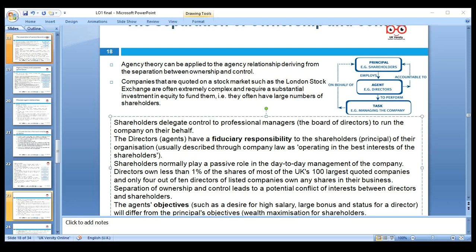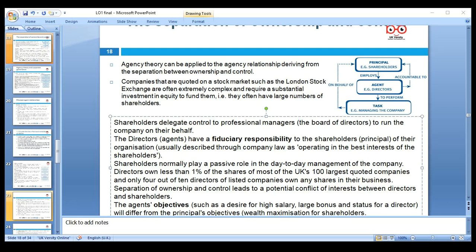What does a fiduciary relationship mean? It is the responsibility to the shareholders, the principal. That is the terminology we use for the relationship between agent and principal. They have a responsibility to work in the best interest of the shareholders.